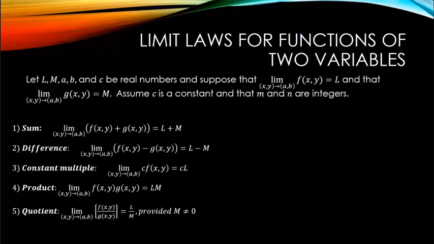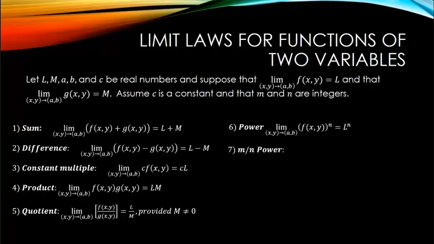In other words, the limit of the quotient of my two functions is the quotient of the limits, provided the denominator function has a limit that is not 0. My power rule says that the limit as (x,y) approaches (a,b) of the function f(x,y) raised to the n power will be given by the limit value L raised to the n power.